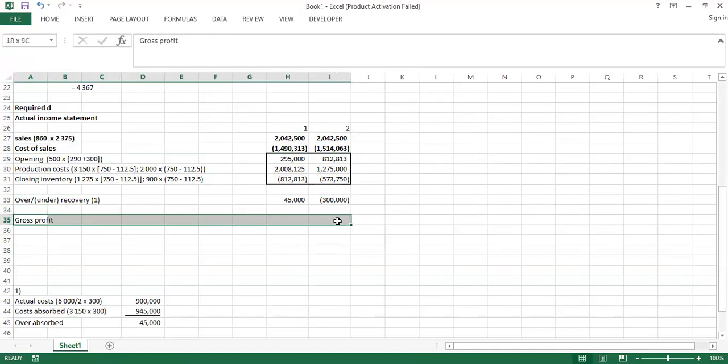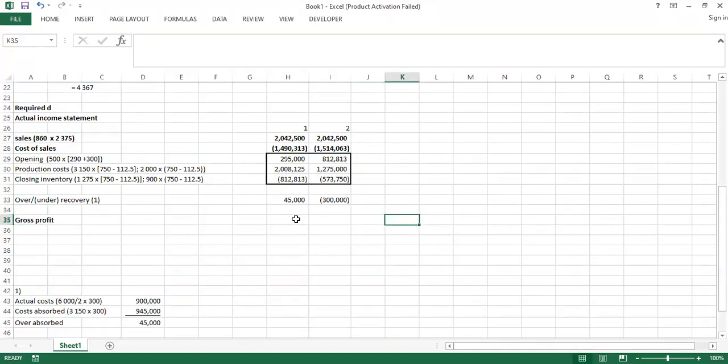So our gross profit now is sales minus our production costs. So it's gonna be this here minus cost of production, but these costs were over by how much? 45,000. So we want to get that 45,000 there.